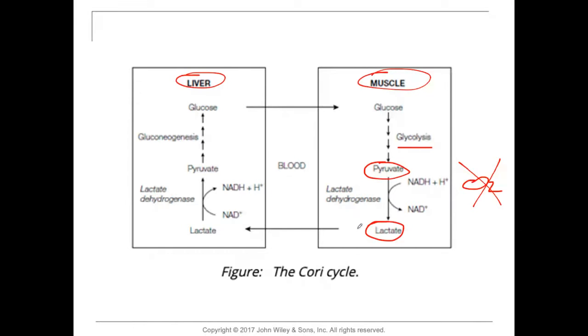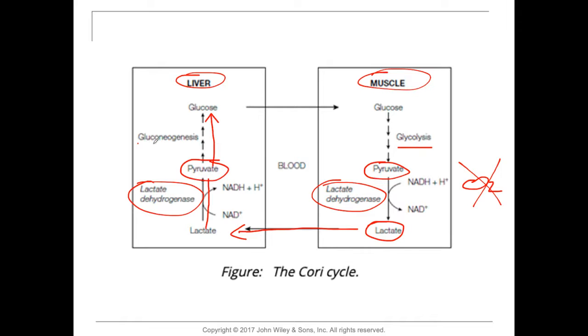Lactic acid is going to go into the blood and find its way into the liver. Lactic acid uses the same enzyme it used here, lactic dehydrogenase, and it converts lactic acid back into pyruvic acid, or lactate into pyruvate. Pyruvate can become glucose.